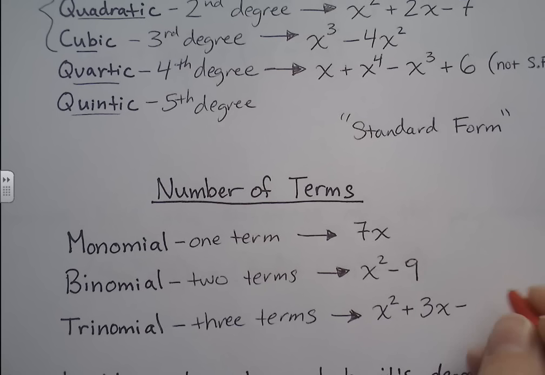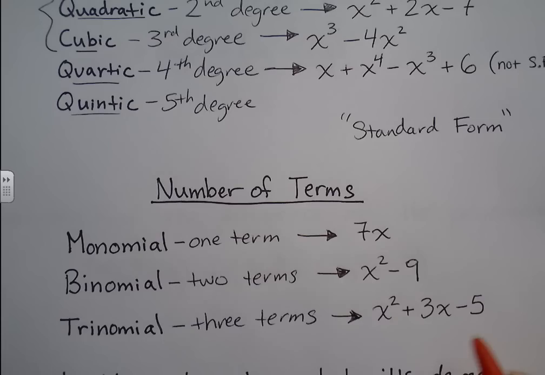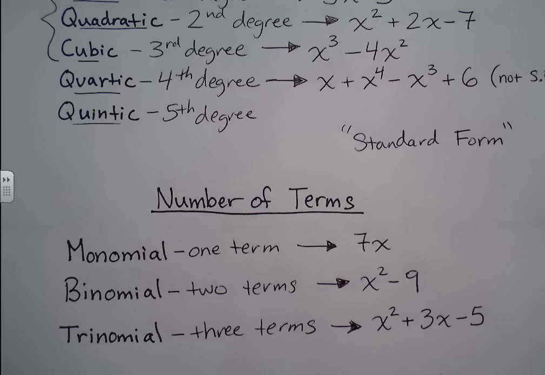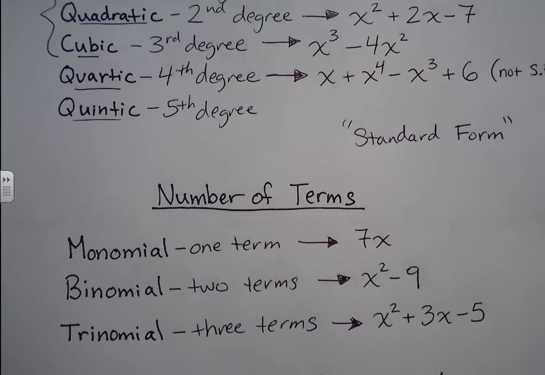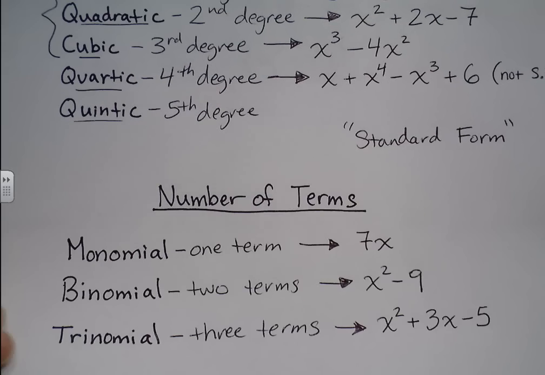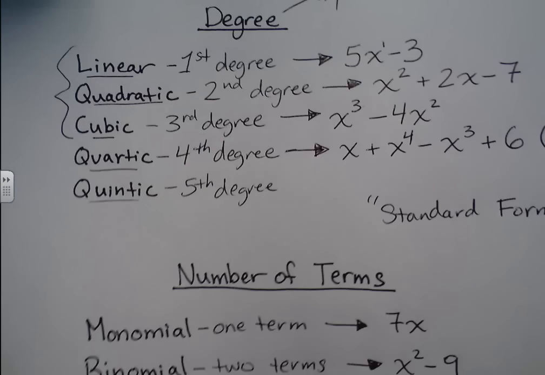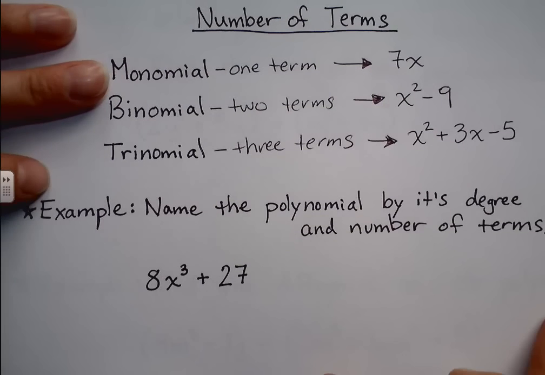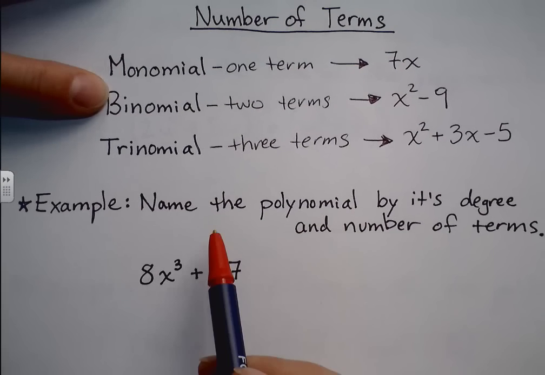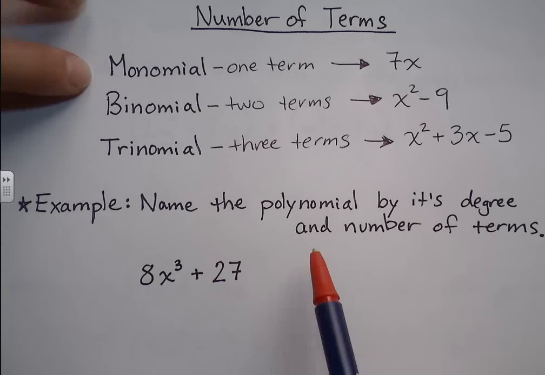Okay, trinomial, you probably guessed that that's 3 terms. And an example for a trinomial would be x squared plus 3x minus 5. That would be a trinomial. There are 3 terms. 1, 2, 3.